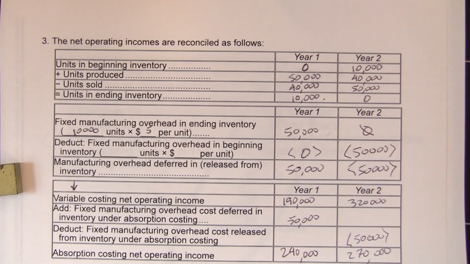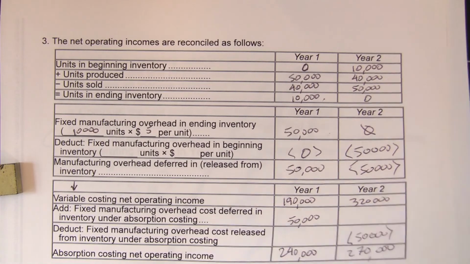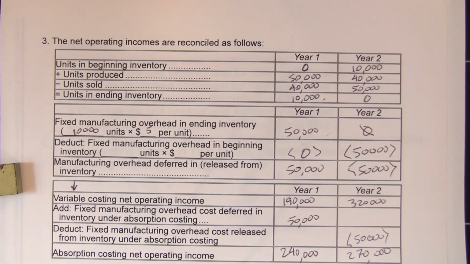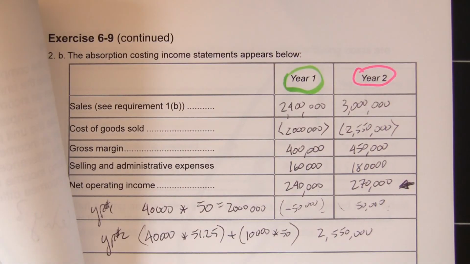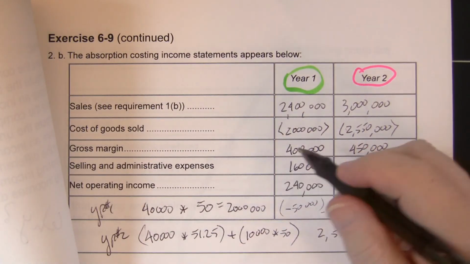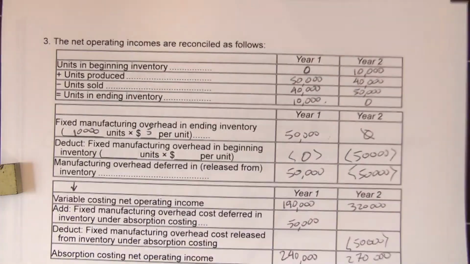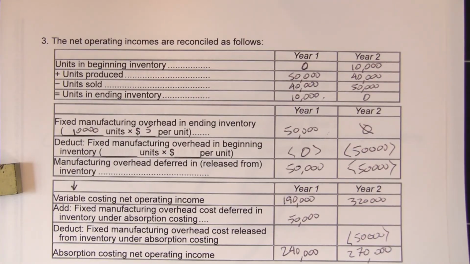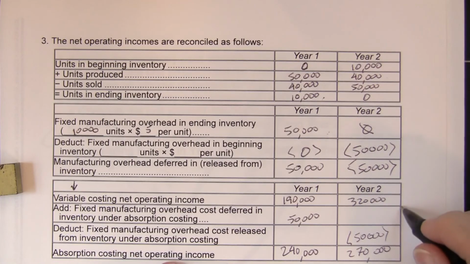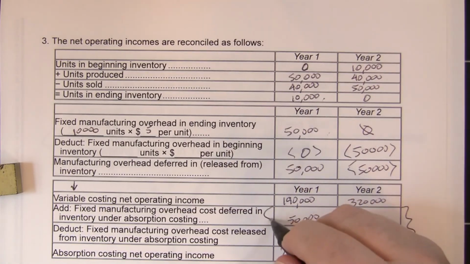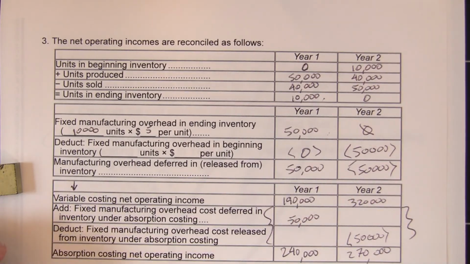That's $270. And those are the income numbers that we came up with when we did it. Okay? So we just have to take the absorption costing, eliminate the effects of the deferred fixed overhead to get variable costing.